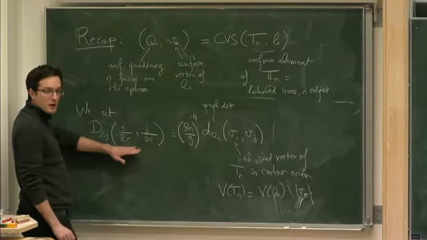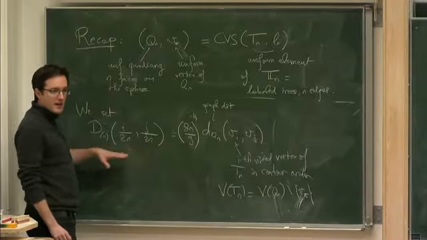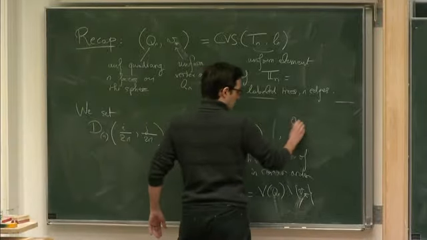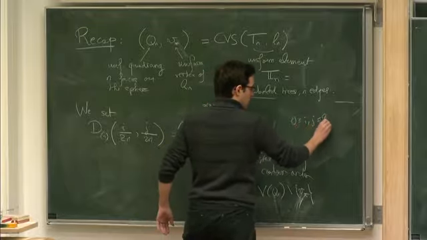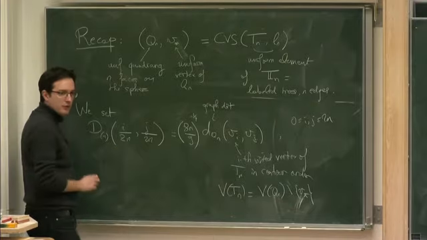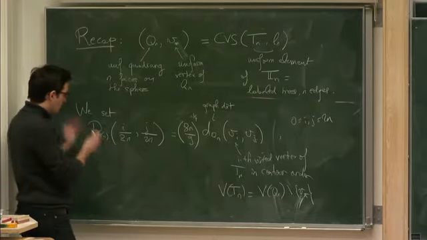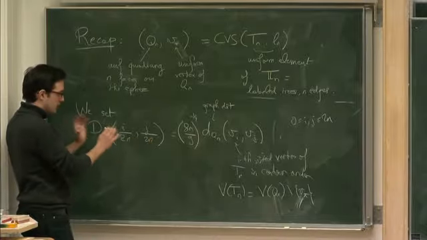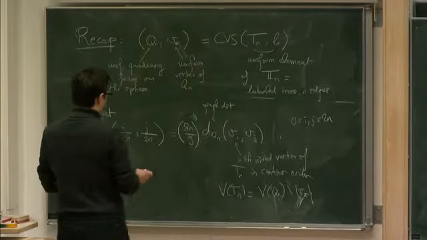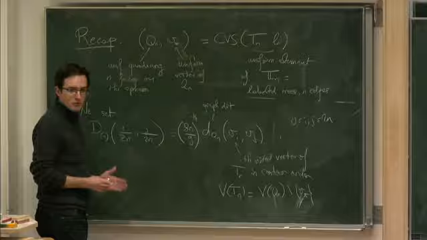So this object was really the rescaled, if you like, distance function. And since i and j are between 0 and 2n, i over 2n and j over 2n are elements of the interval [0,1]. So this is an object defined on [0,1] times [0,1], and it's of order 1 because of this renormalization.